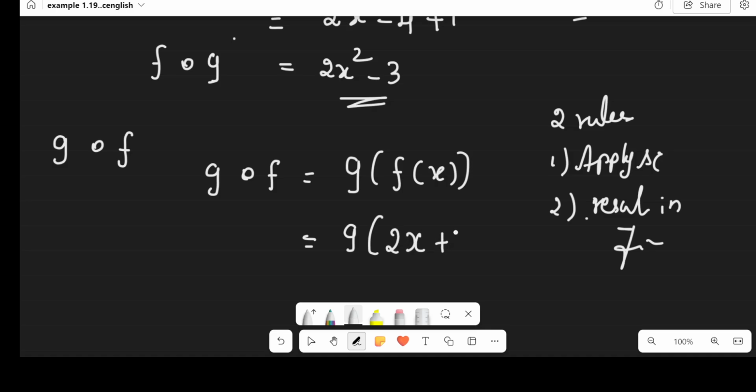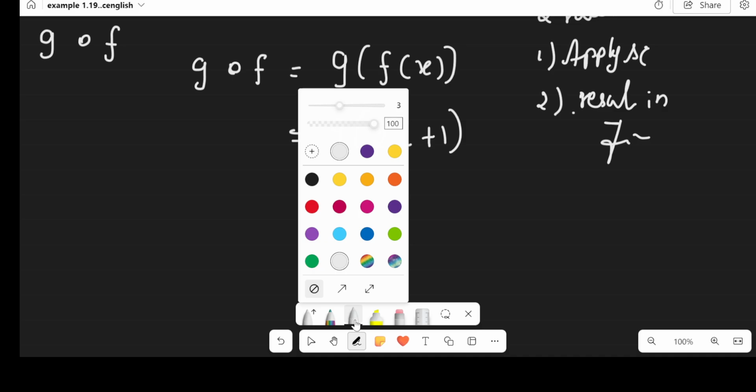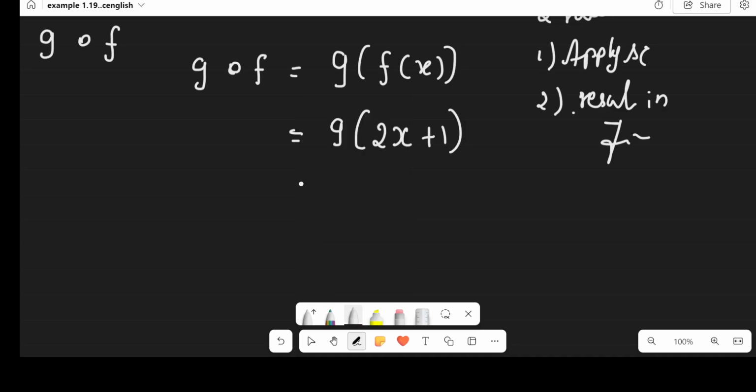We just applied the first rule, and the second rule is that after getting the result, we should apply this result in the first function.